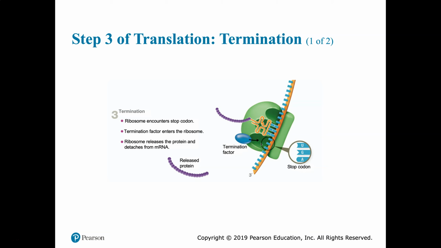And when the ribosome hits that termination factor, the polypeptide is released. The ribosome separates, it lets go of the mRNA strand. And then, on top of that, the tRNAs float away and get utilized again elsewhere.